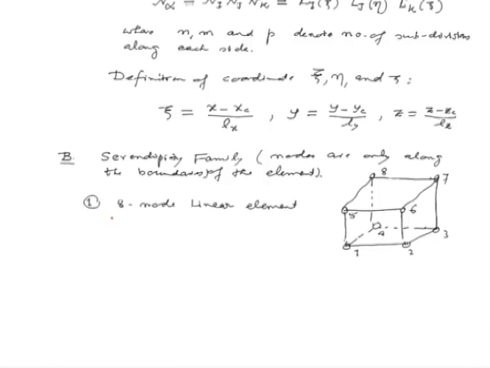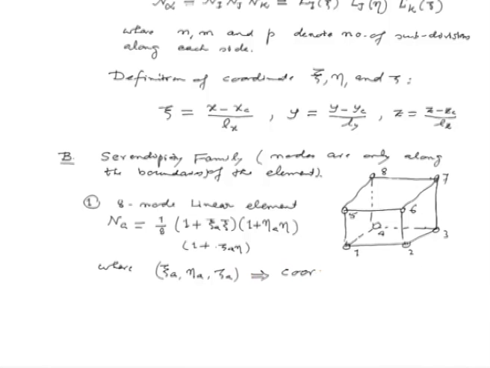So, the shape function is given as N_a is equal to 1 by 8 into (1 plus xi_a xi) into (1 plus eta_a eta) times (1 plus zeta_a zeta), where xi_a, eta_a, zeta_a are the coordinates of node numbered a.